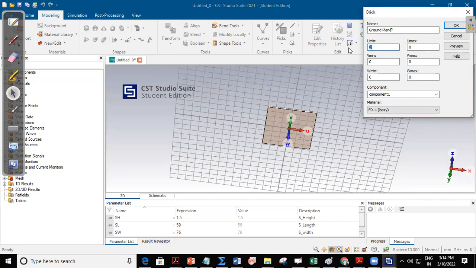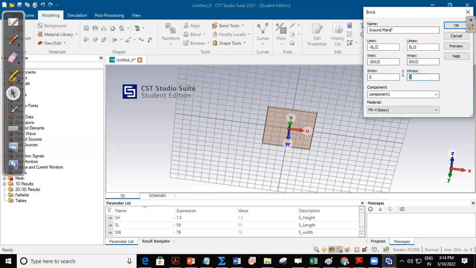Only the thickness is different. So here we are going to write minus SL by 2 to plus SL by 2, as we did in the previous one. V minimum is minus SW by 2 to plus SW by 2.